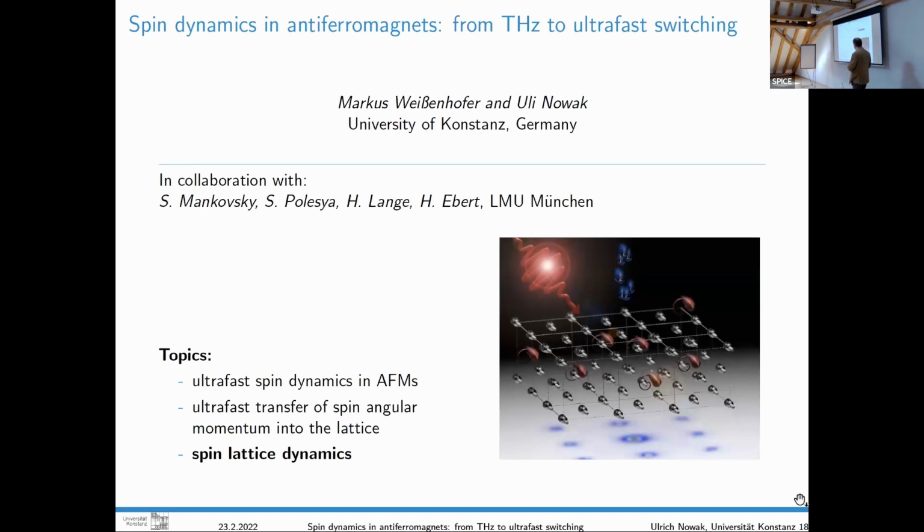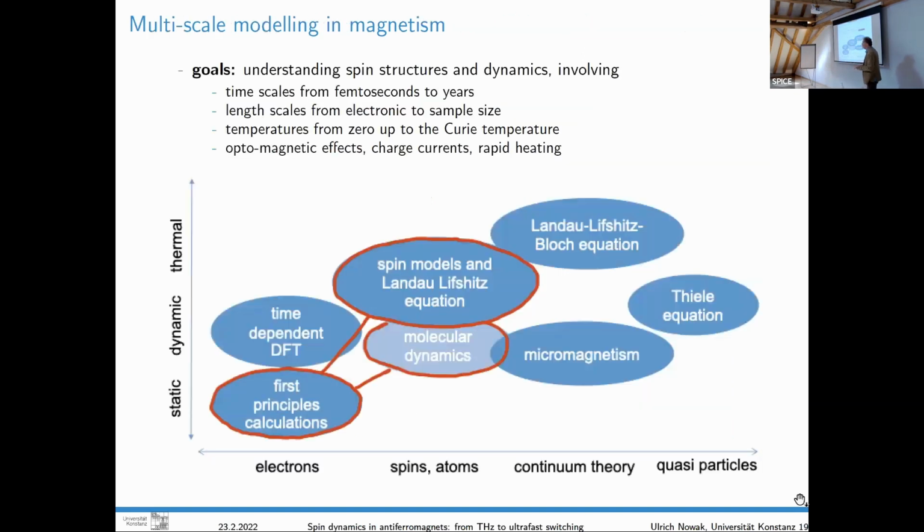So we are also interested now in new ways to calculate the spin and molecular dynamics at the same time. That is a collaboration now with the group of Hubert Ebert and Sergei and Svetlana, also here in the audience. Somewhere there is also a poster on their work on the floor below us. What we would like to do in the future is solve coupled equations of motion for the spin and the lattice at the same time.